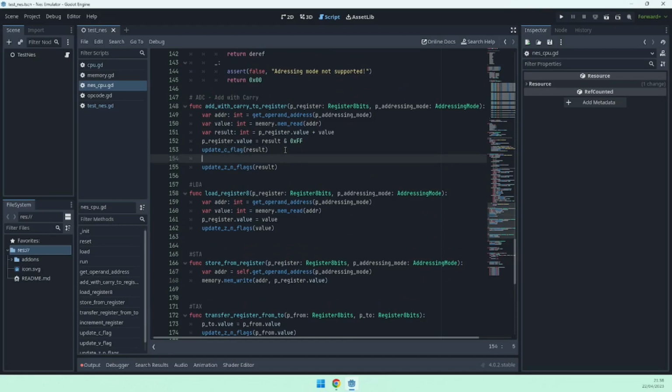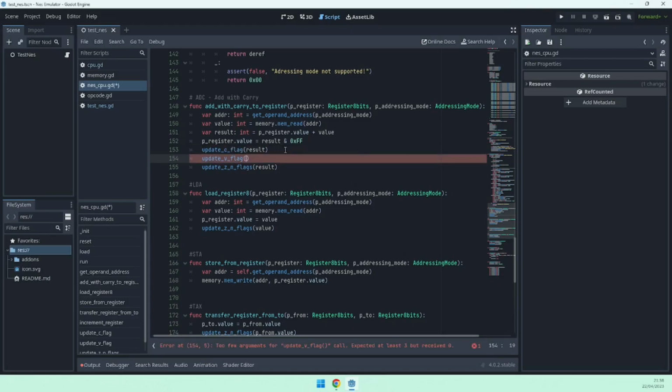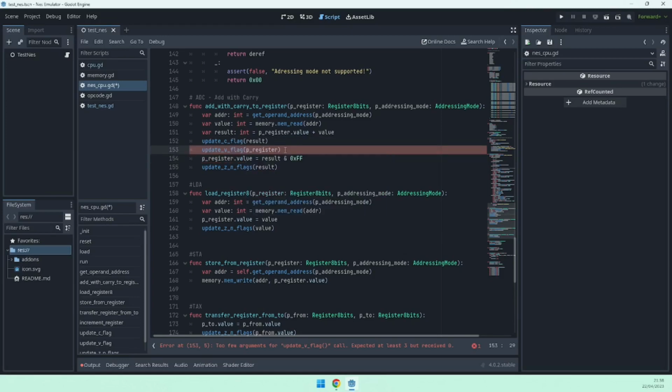So we have update C flag and update B flag, and for the B flag we need the previous value, B register dot value, and the results.